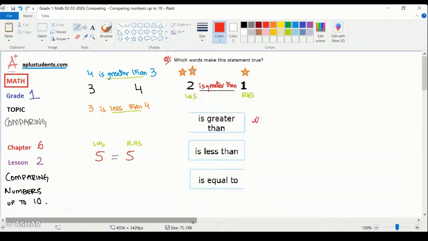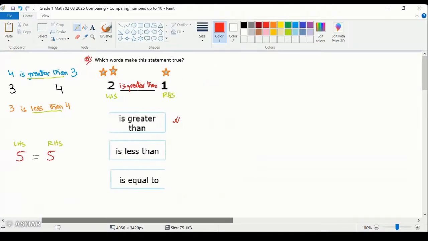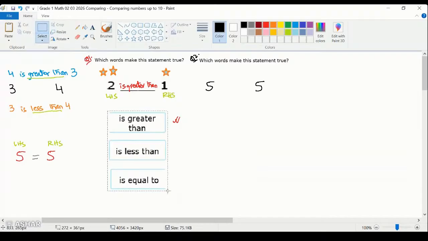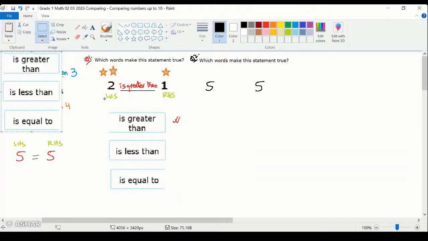Okay, let's look at another example. The next question says, which statement makes it true, question number 2, we have 5 and 5. These are the options given to us.